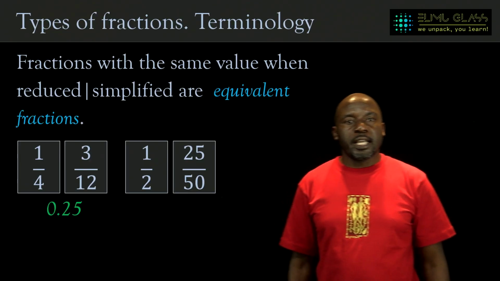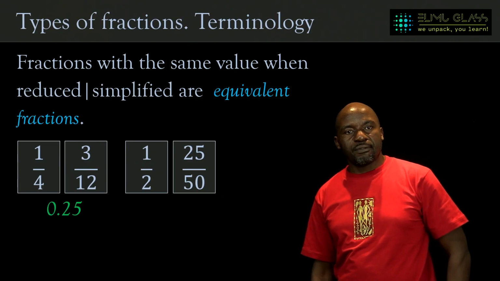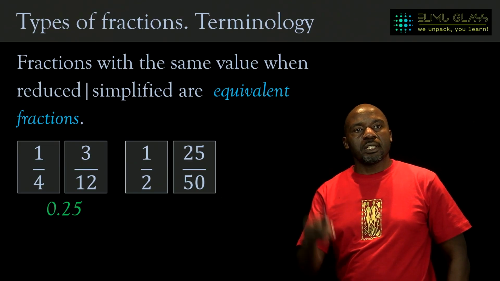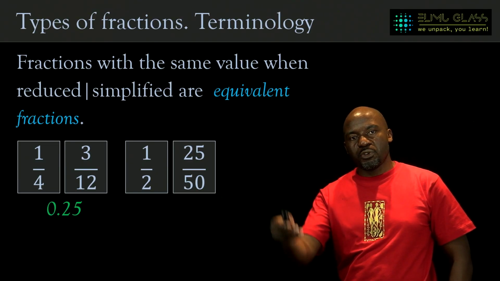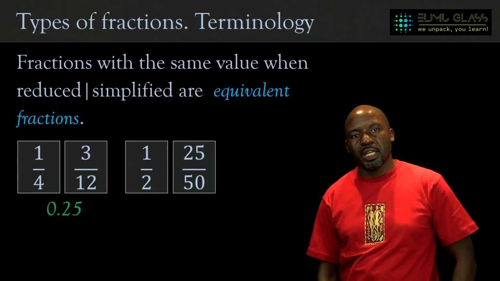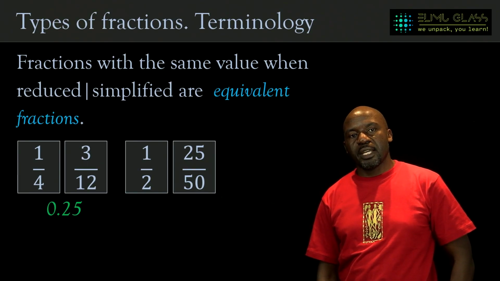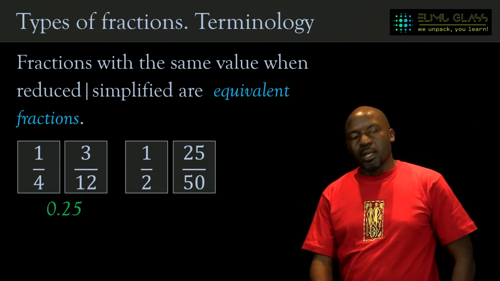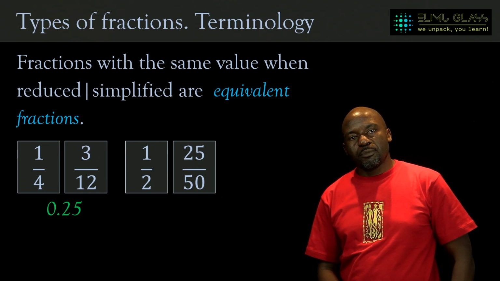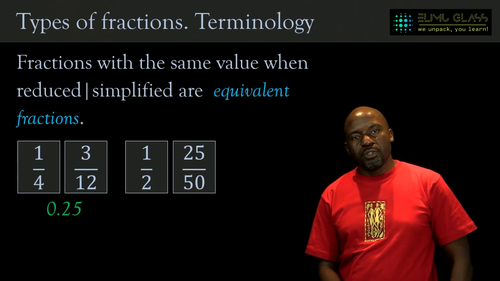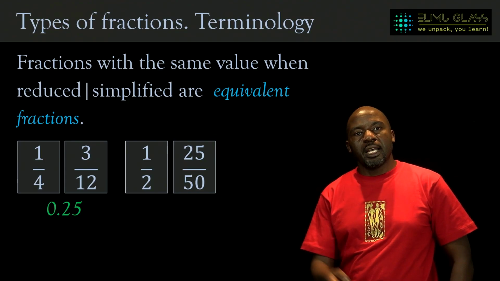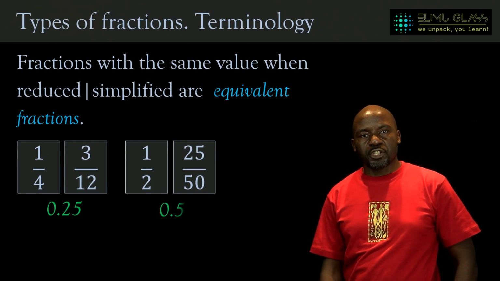All right, so once again, a half and 25 on 50 are called equivalent fractions, because when you reduce 25 out of 50, if you simplify it, it turns out to be the same thing as a half. Okay? And if changed into decimal, both of them are going to be 0.5. So these are examples of equivalent fractions.